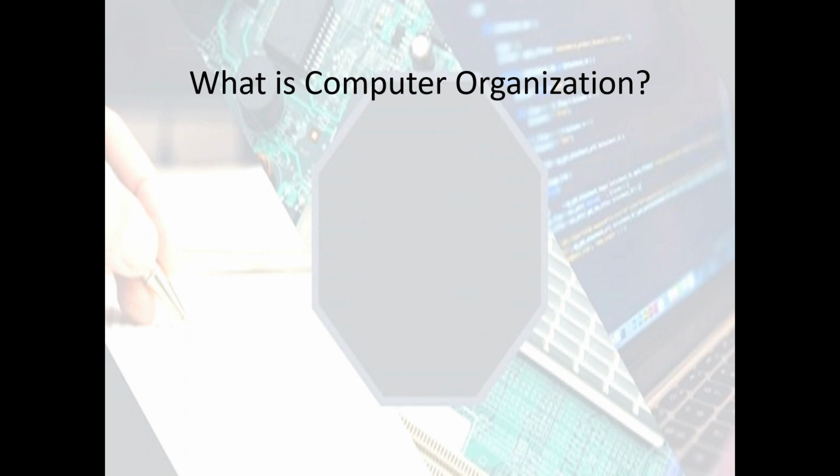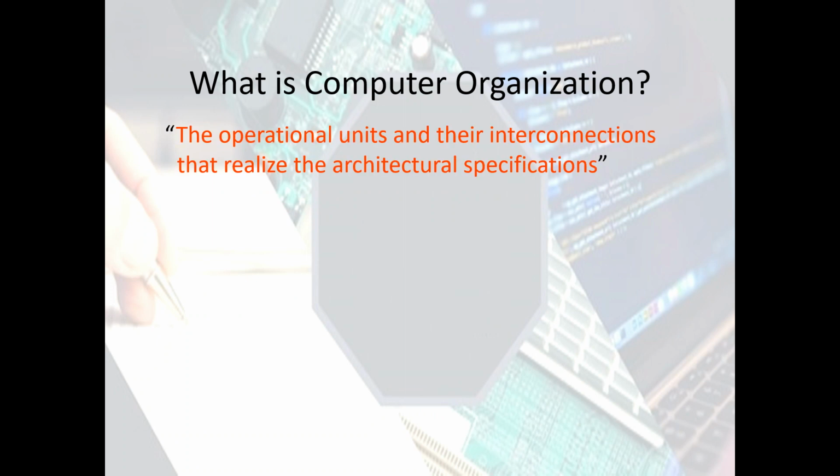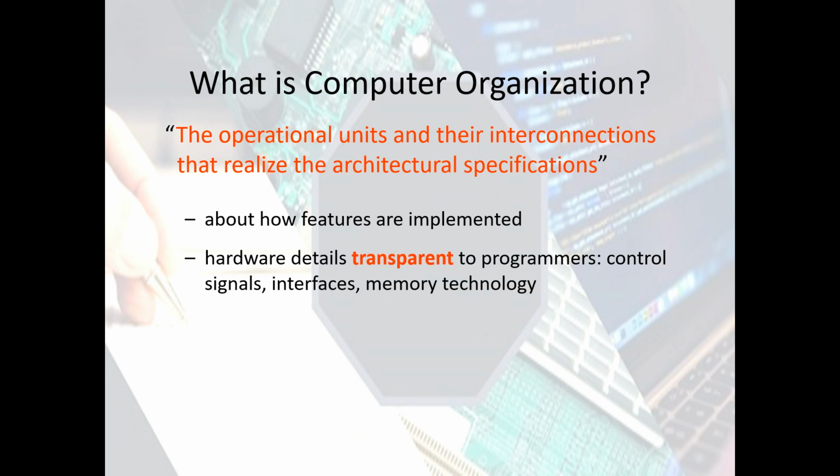So, what is computer organization? Computer organization, on the other hand, refers to the arrangement and design of the internal components of a computer system. It focuses on how different hardware elements, such as the central processing unit or the CPU, memory, input and output devices, and the control unit are interconnected and work together to execute instructions.